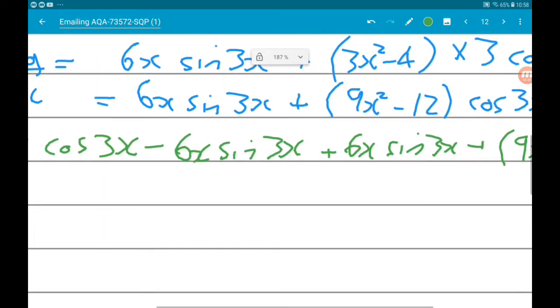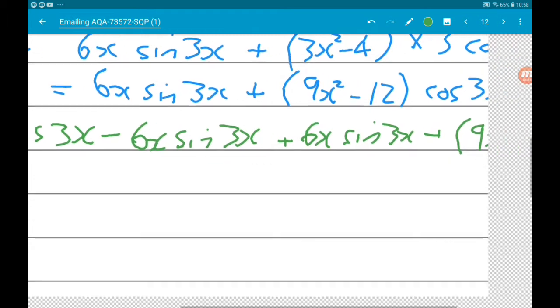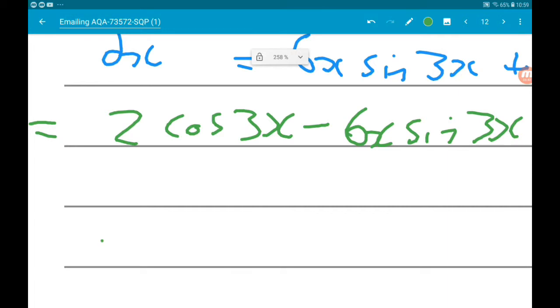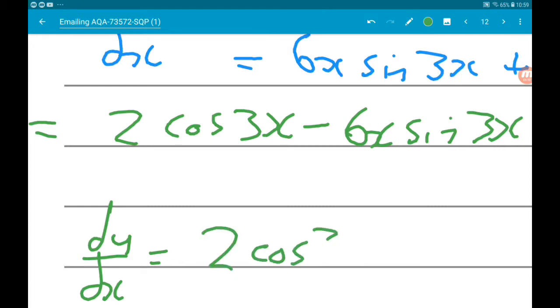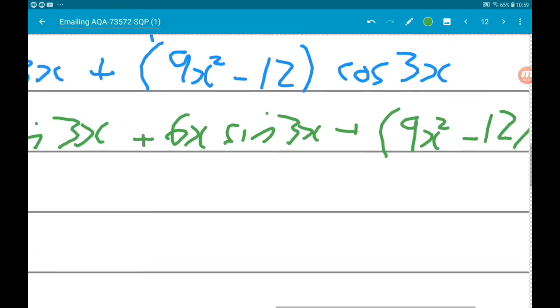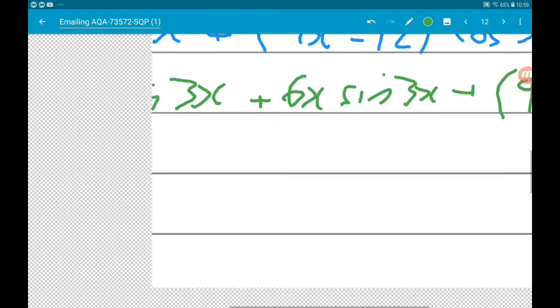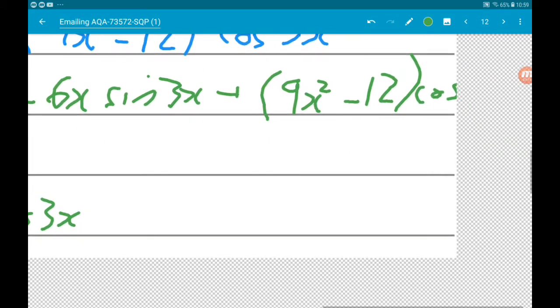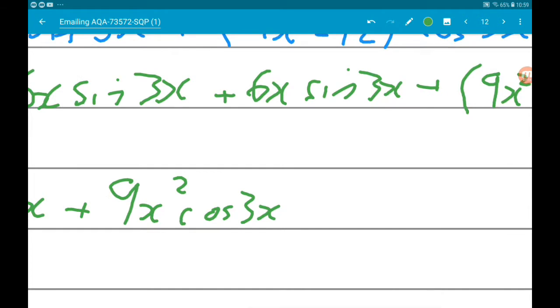Okay, so in the middle there, the sine terms cancel out, which is really nice. So dy by dx is 2 cos of 3x add 9x squared, so let's expand the bracket, so add 9x squared cos of 3x minus 12 cos of 3x.